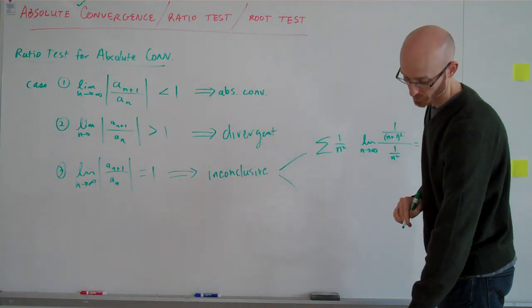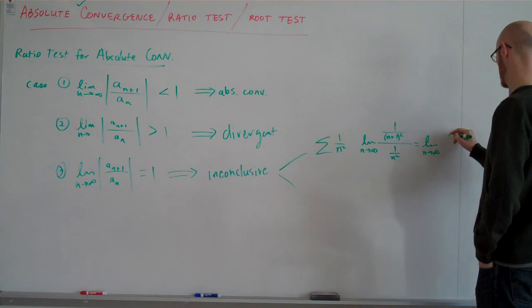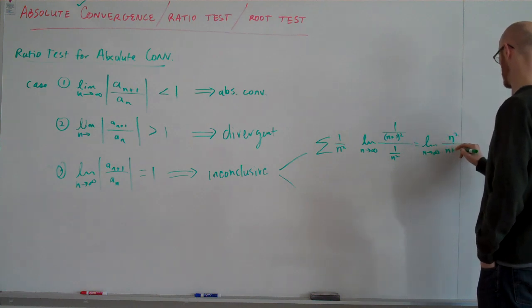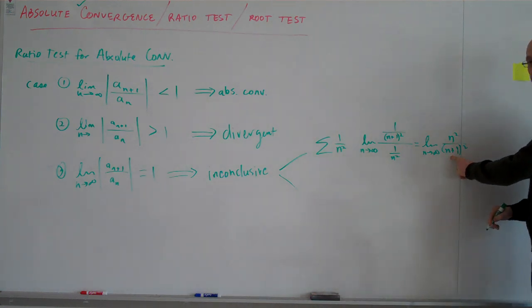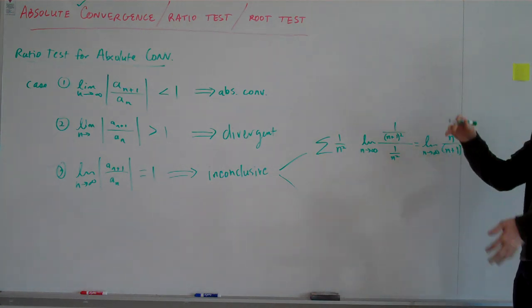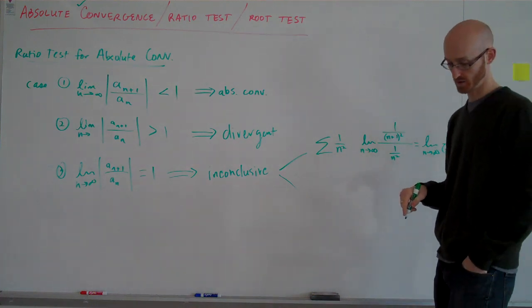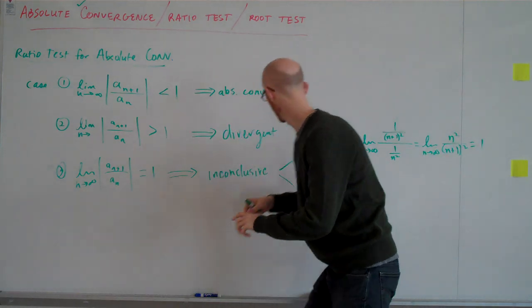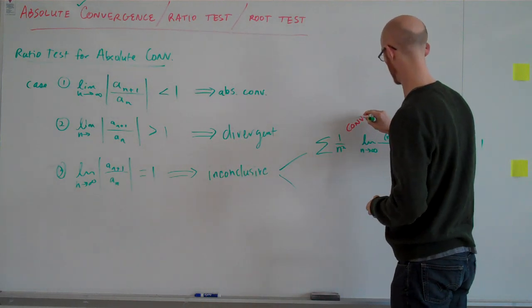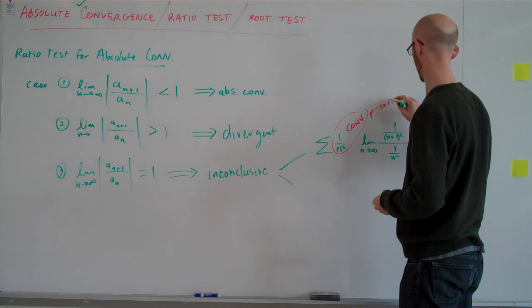And that will be equal to n squared over n plus 1 squared. So limit as n approaches infinity, n squared over (n plus 1) squared. If you were to FOIL this out and then study the fact that the numerator and denominator are codominant, you'd see that this limit equals 1. And side note, this guy is convergent.